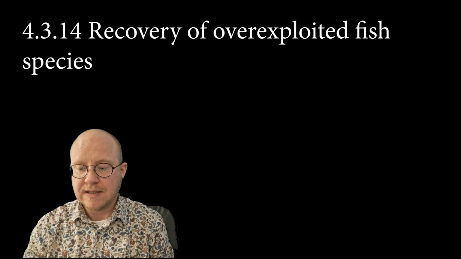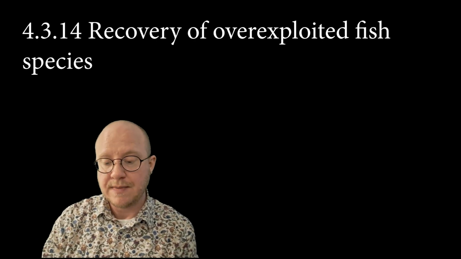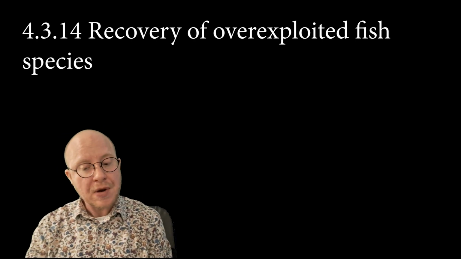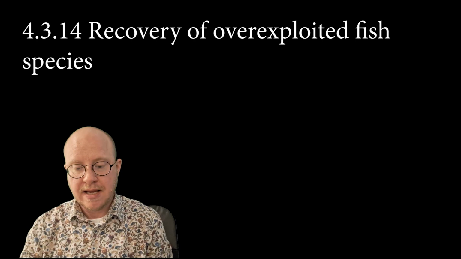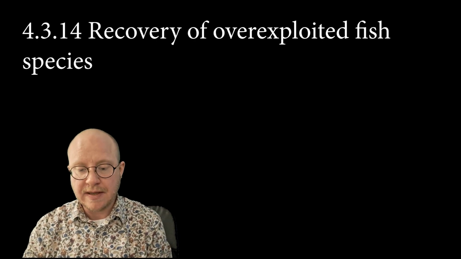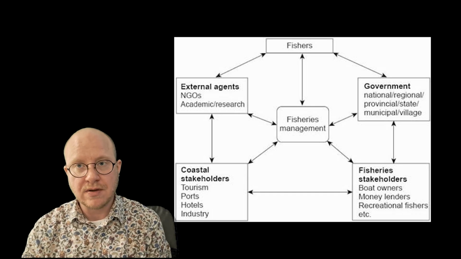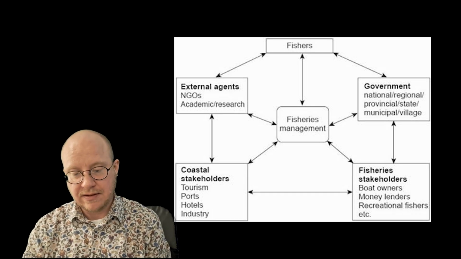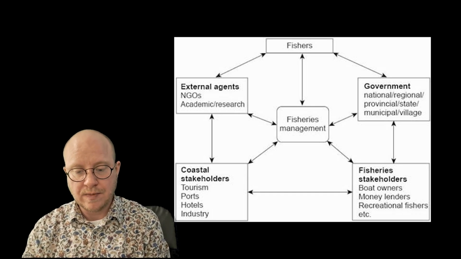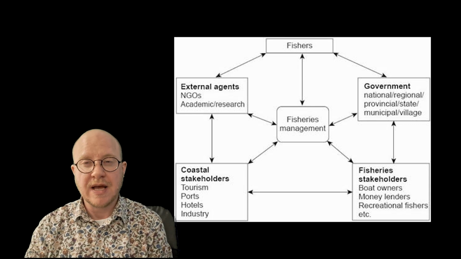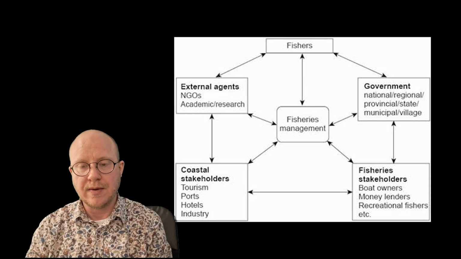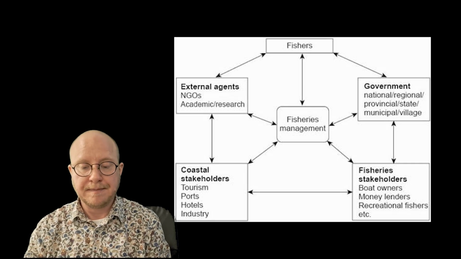4.3.14, recovery of overexploited fish species. We're going to read about some good news, maybe. There are many stakeholders in the fishing industry, including governments, consumers, non-governmental organizations, also called NGOs, and retailers such as fish markets and supermarkets. Stakeholders are everyone with an interest, everyone who has something to gain or lose from the industry.